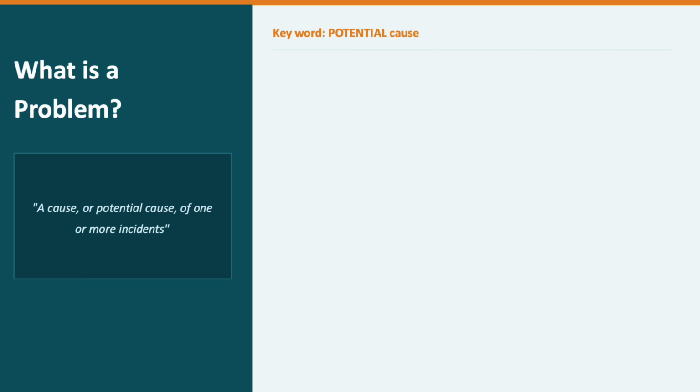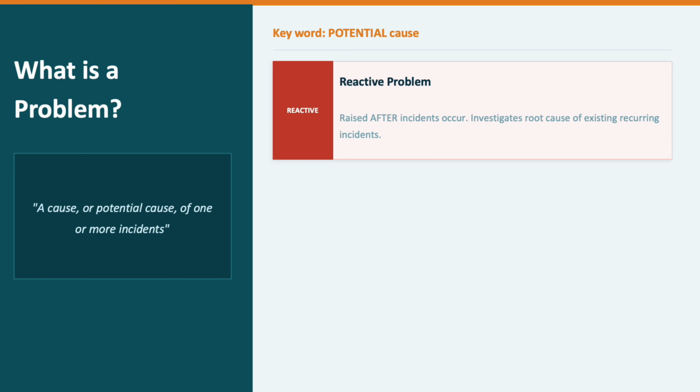The first point is to understand how a problem can be categorized. The first one is the reactive problem, raised after incidents occur, which investigates the root cause of existing recurring incidents.